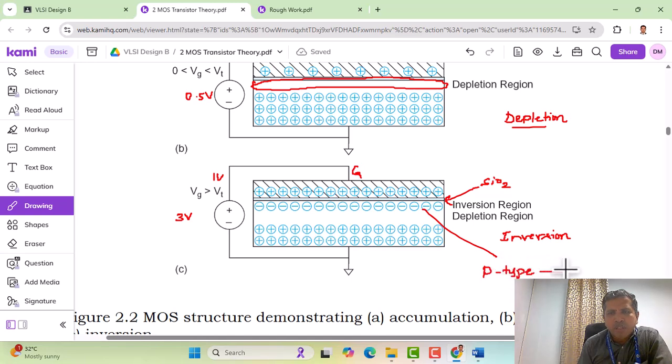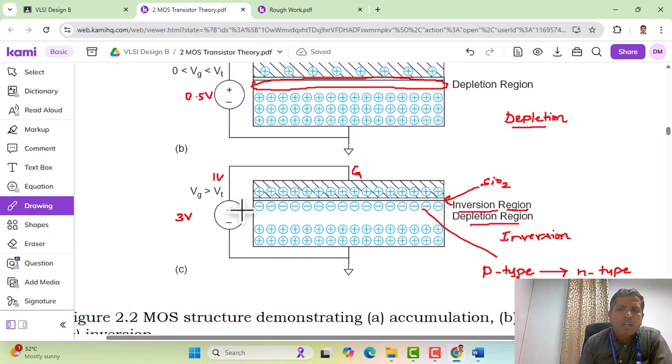Now, because of the increased gate voltage, the p-type has become n-type. So this p to n conversion is an inversion, and that's why it is called an inversion region. Below that, there is empty space again, which forms a depletion region.